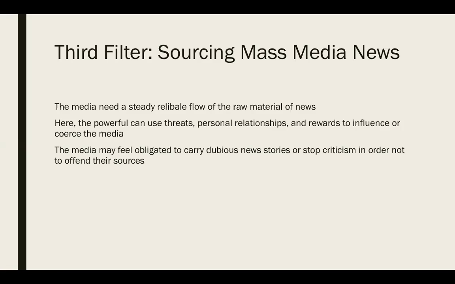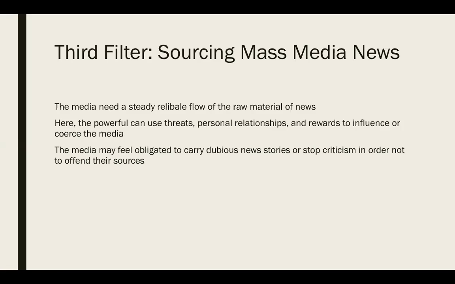The book that I am going to share with you for the notes of the propaganda model, in the discussion of this third filter, the writers have said that sources of information for US newspapers are the Pentagon, Congress, and the White House, which is where the president of the US lives.